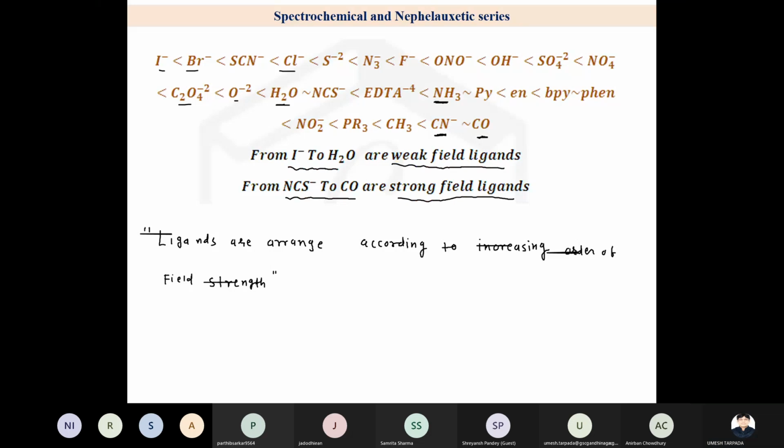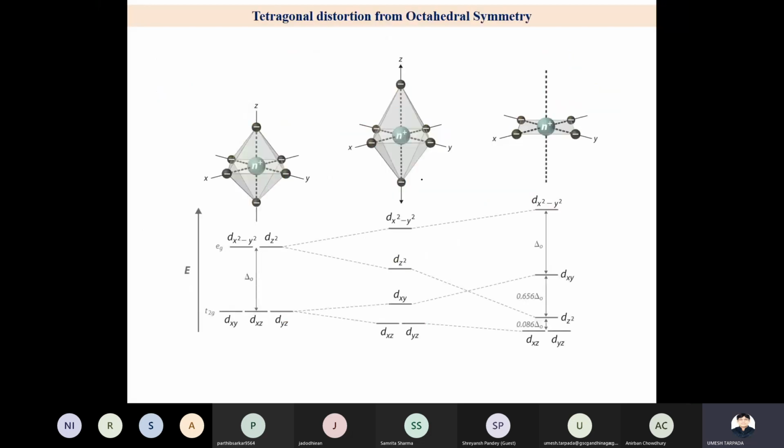Whenever a strong ligand is present, pairing takes place, and if you have a weak ligand, the electrons remain unpaired. So depending on that, a complex can be a strong field complex or a weak field complex.